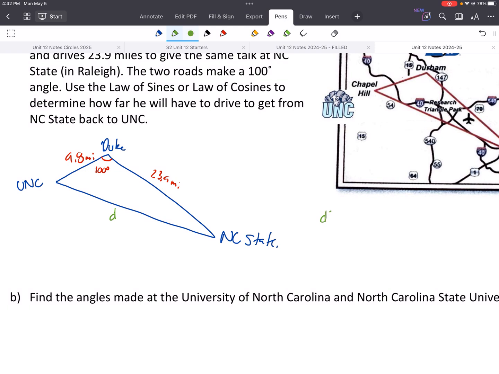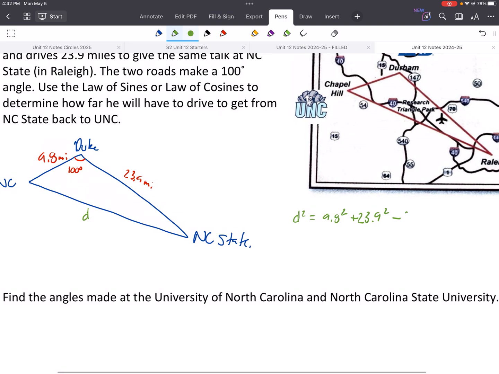So we'd do d squared, and again, we want to use the sides that are next to that 100 degrees. So we do 9.8 squared plus 23.9 squared, and then we subtract 2 times those same two sides, so 9.8 times 23.9, and then we do cosine of our angle.